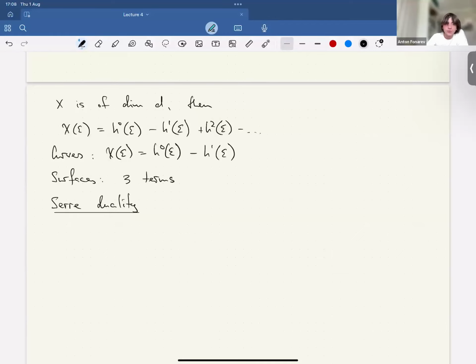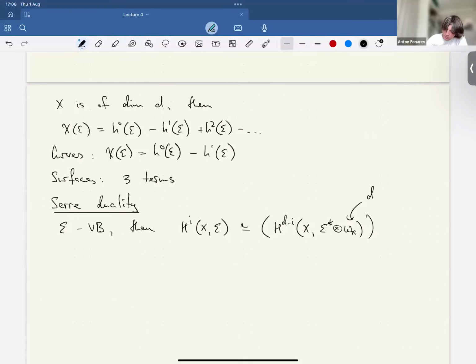And in its simplest form, it says specifically that if E is a vector bundle, then H^i on X of E is isomorphic to the dual of H^(d-i) on X of E dual tensor omega_X, where this omega_X is nothing but the top wedge power, the determinant of the cotangent bundle. This is a line bundle, which is the same as omega^d. All right, so this is the dual space.